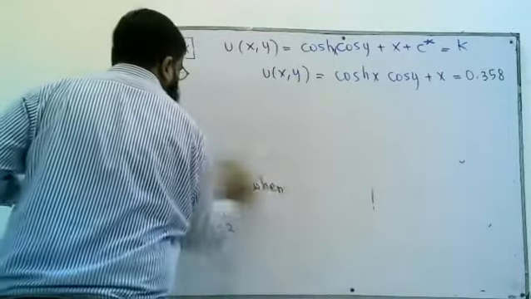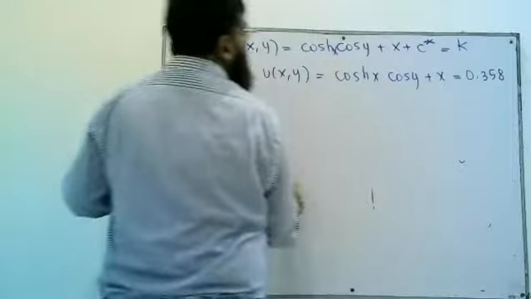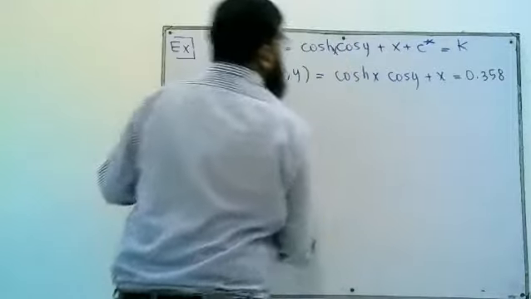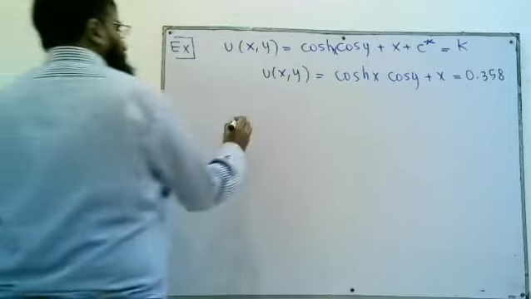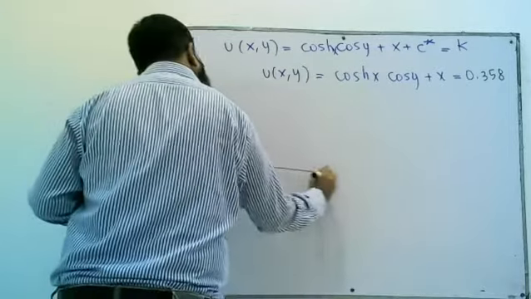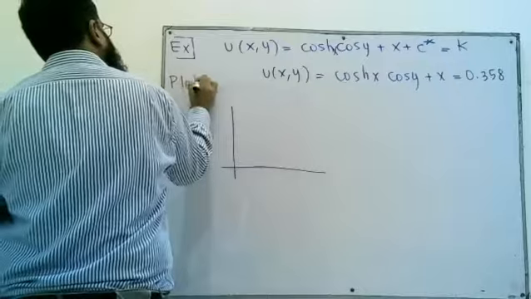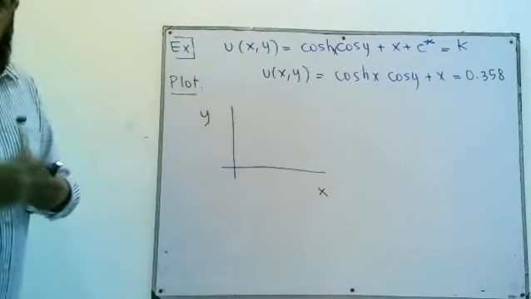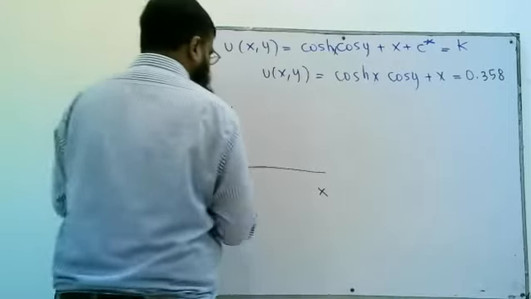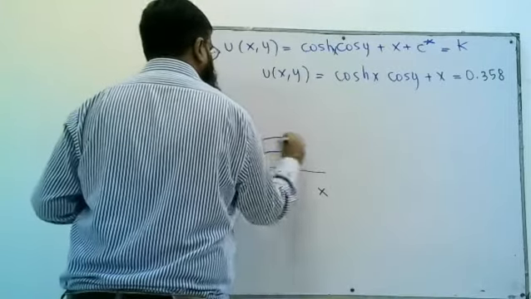By putting initial conditions we converted this general solution into the particular solution, and then we can plot it like this. If we plot it, this would be x, y. You can plot it like this. How would you plot it?